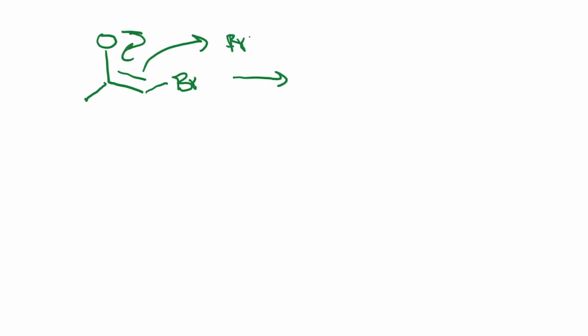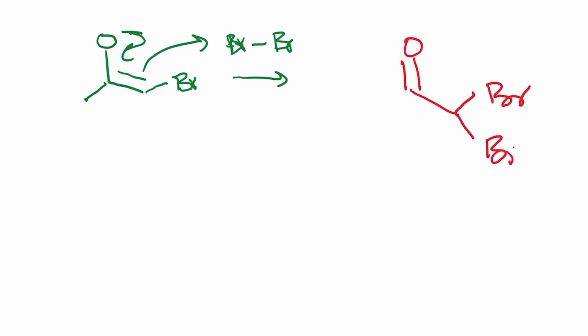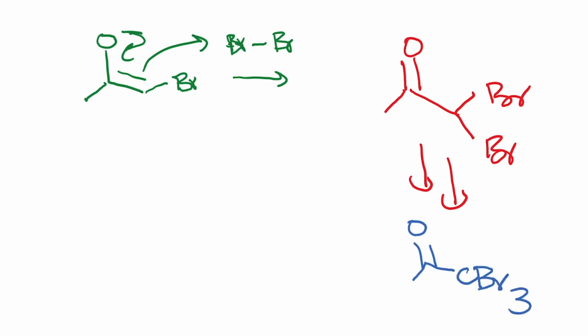Okay, so this next enolate, if it reacts with bromine, the chemistry is the same, right? And it's going to give you the product, which is basically the dibromide, correct? And subsequently, I'm not going to show the arrows over here, but you can very easily understand that you can form the CBr3 over here.